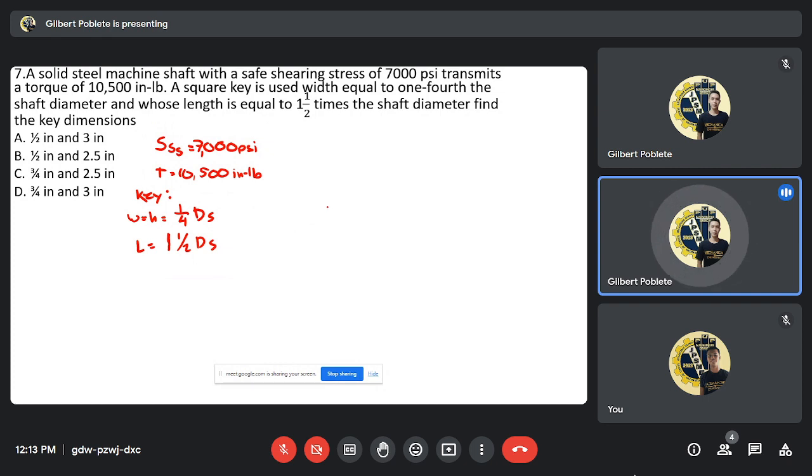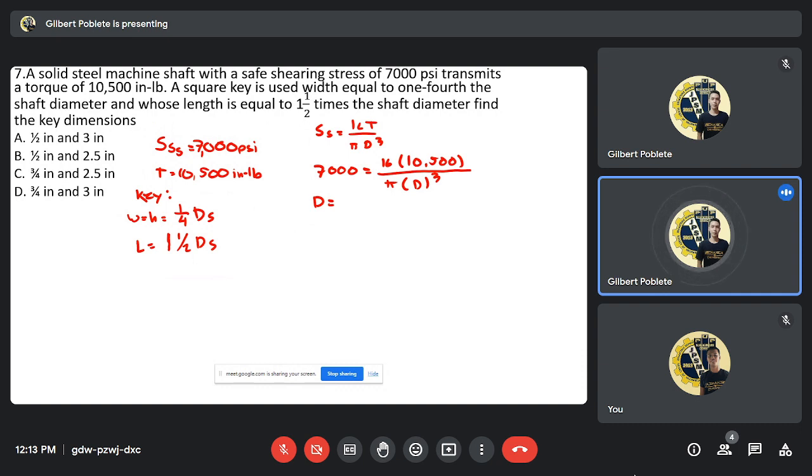So, para makuha natin si diameter ng shaft, pwede natin gamitin itong shearing stress ng shaft natin. So, meron tayong dito na Ss equals 16T over pi D cubed. So, ayun, magagamit natin sa ngayon. So, meron tayong 7,000 equals to 16 times 10,500 over pi D cubed. So, makuha natin yung diameter ng shaft natin.